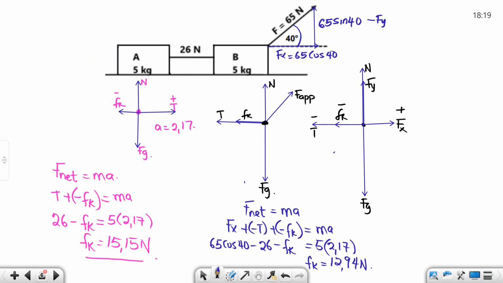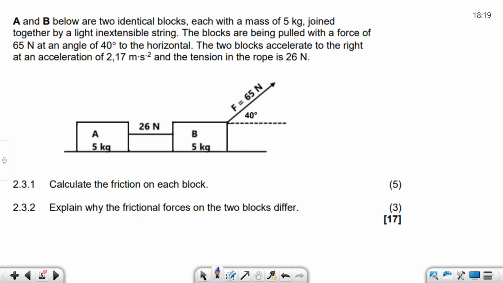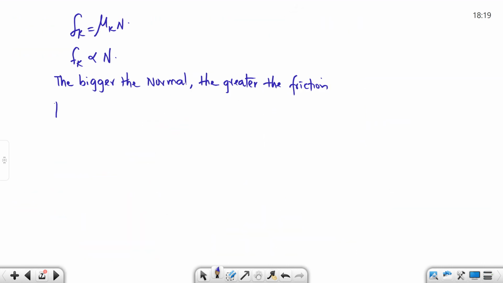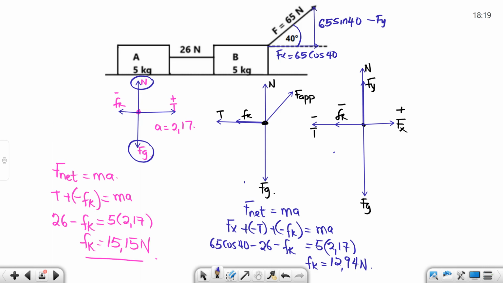I don't remember which object. Now, which one has, let's look at the normal for A and B. Look at the normal force for A. Normal is equal to what? Fg. So for A, I hope it's making sense. For A, normal is equal to mg. What about for B? How many forces are pointing up? 2.